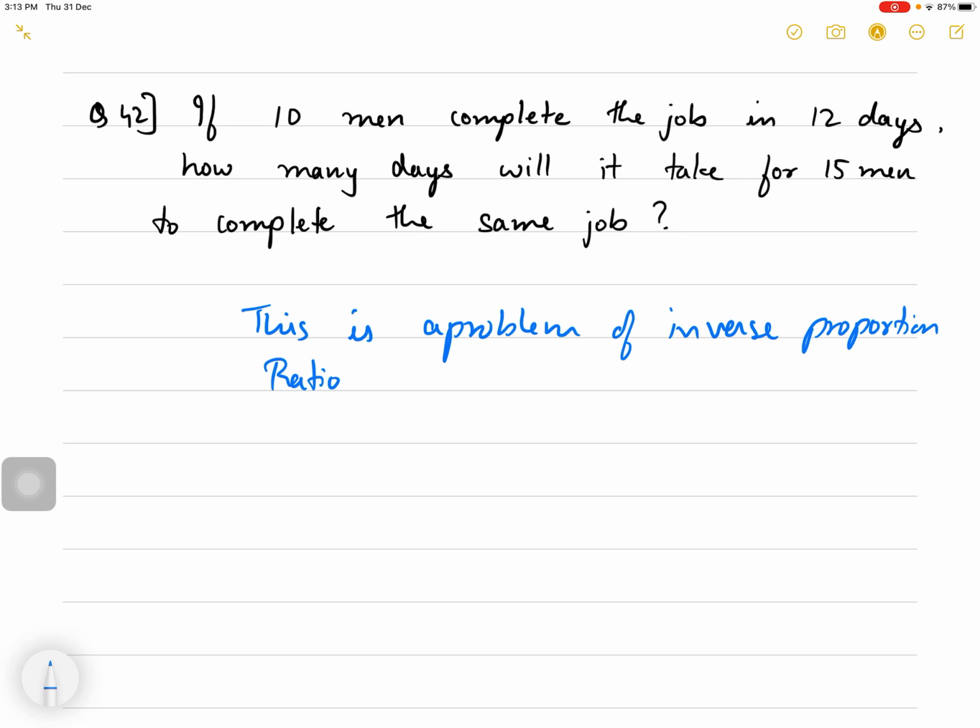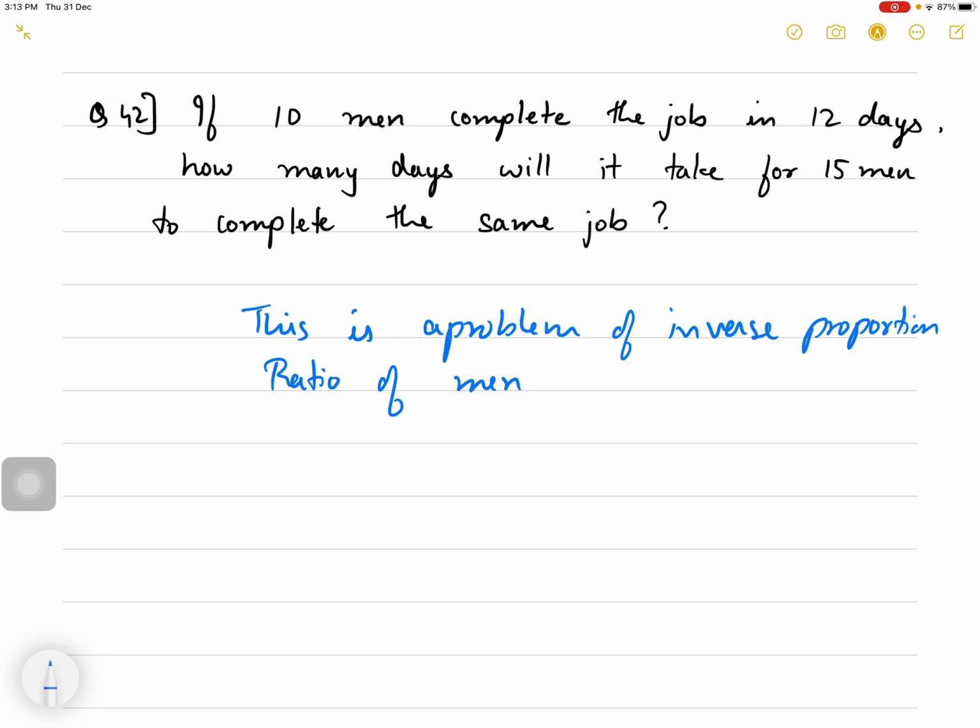I'm sure all my students are able to solve it on their own by now. Always try to solve all the questions on your own, and then check your answers.